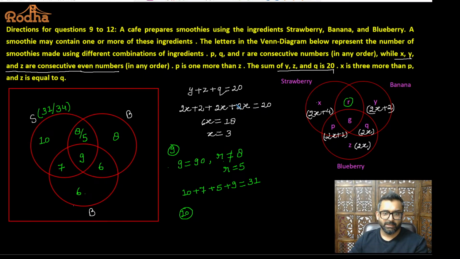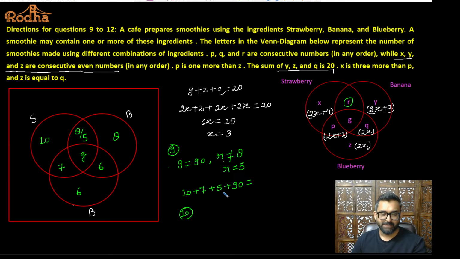Yes? Fine. Oh, sorry. I'm so sorry. I did something here. I cannot consider G. G is 90. One second, I wrote G in such a way that it looks like 9. G is 90. Okay, so I will have the number 90 here, and the number will change here. The value of G should be given. 10 plus 5 is 15, plus 5 is 20, plus 90 we have to take.